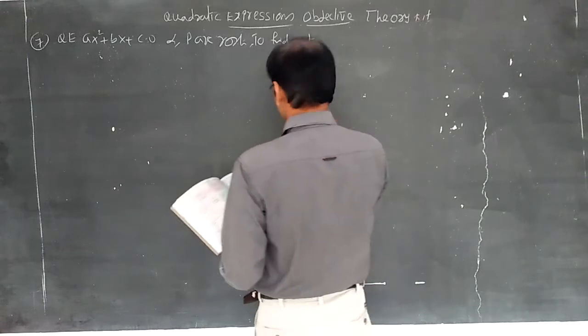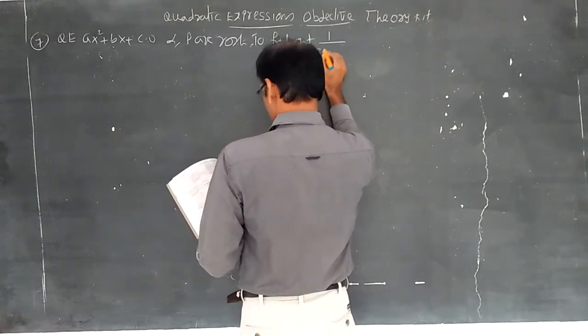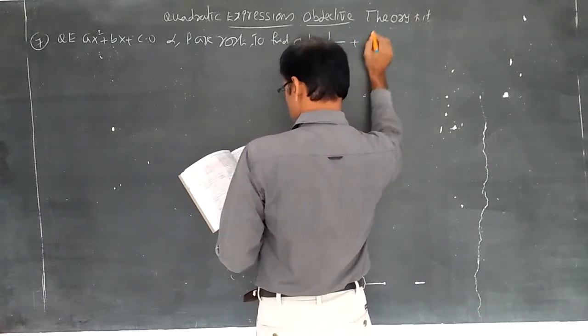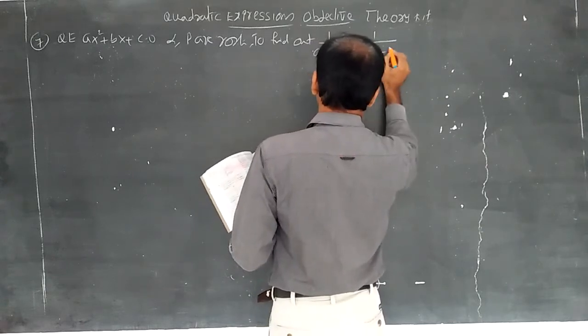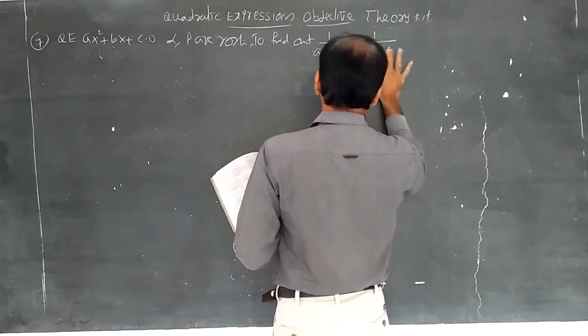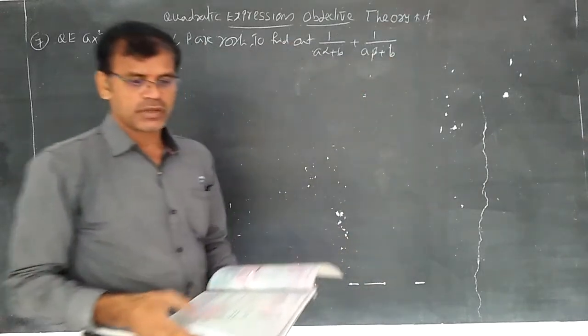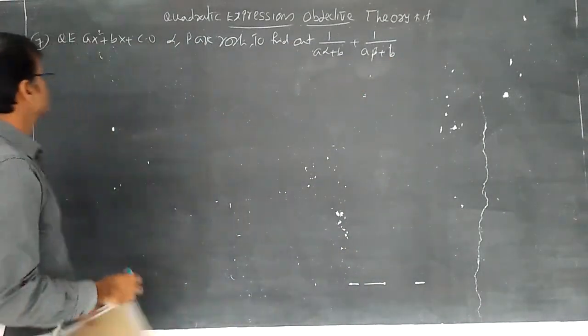Alpha, beta are roots. To find out 1 by (a alpha plus b) plus 1 by (a beta plus b).